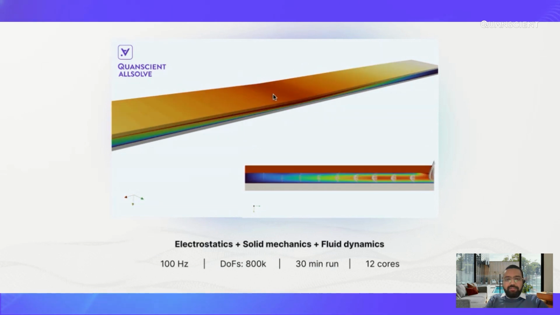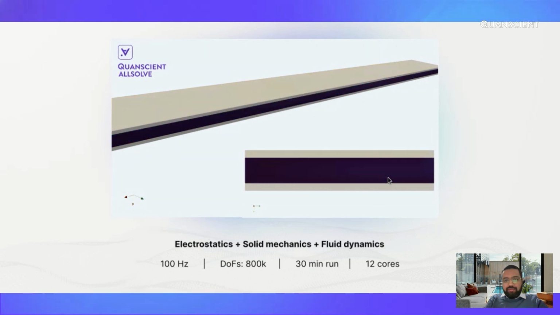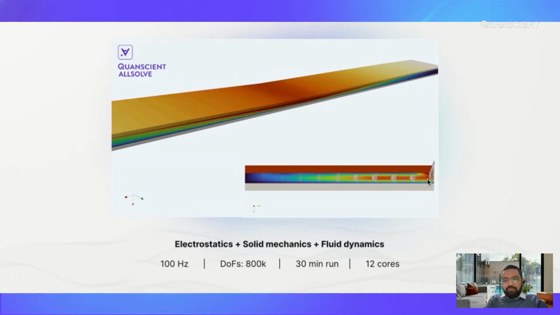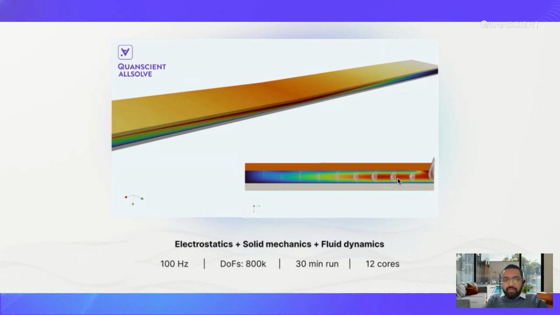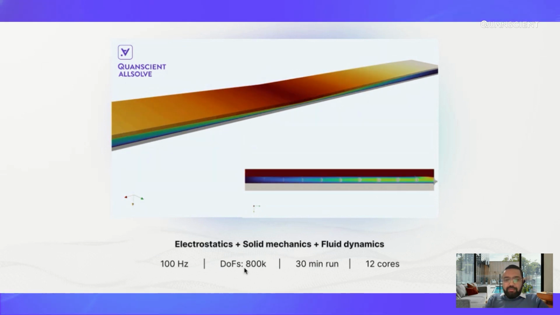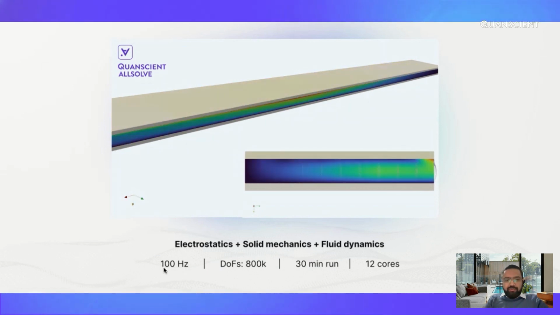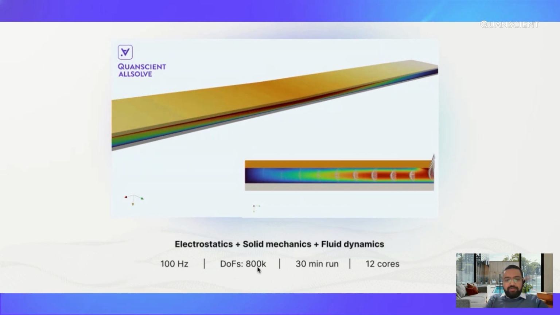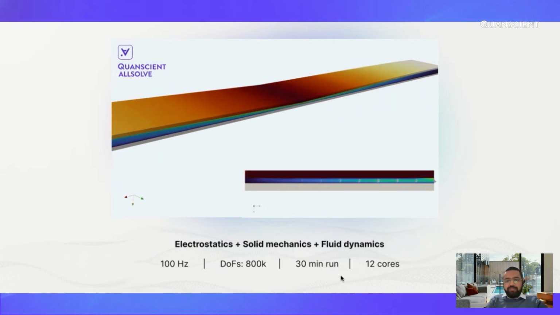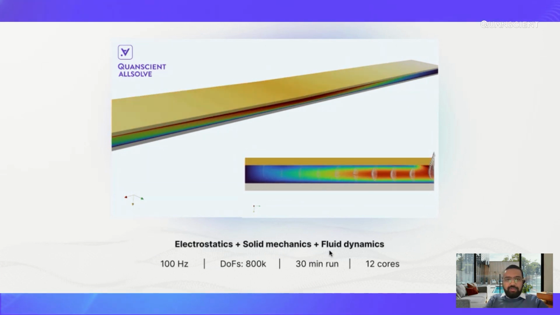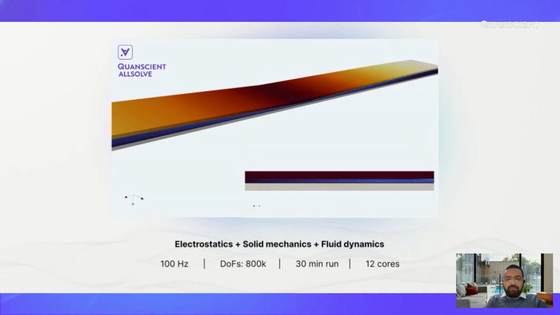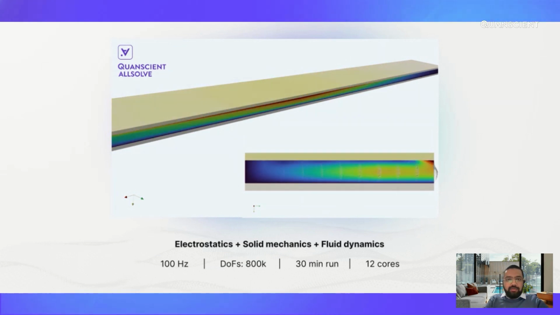So the top plate, which is deforming harmonically, and as it deforms, it squeezes the air between, and you can see on the bottom left is the section at the center of this plate, and you can see the flow moving in and out. And this was done for a frequency of 100 hertz, 800,000 degrees of freedom, took about 30 minutes on 12 cores, and this includes all physics fully coupled: electrostatics, solid mechanics, and fluid dynamics.